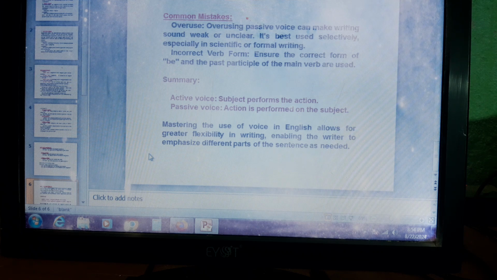Without voice or without English grammar, you cannot write English properly and cannot speak properly. And the English language is an international language to communicate with other countries. So you have to learn English very carefully and thoroughly.